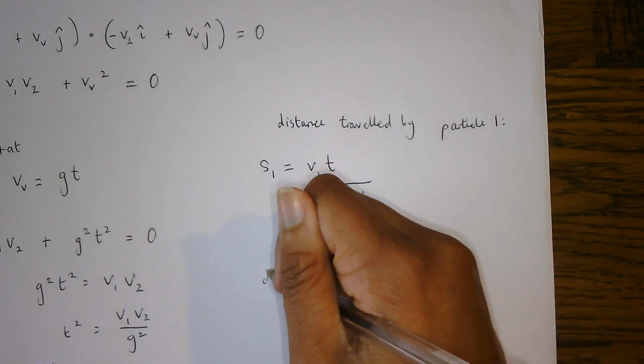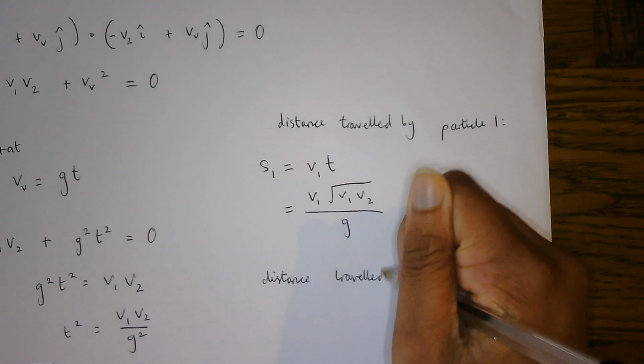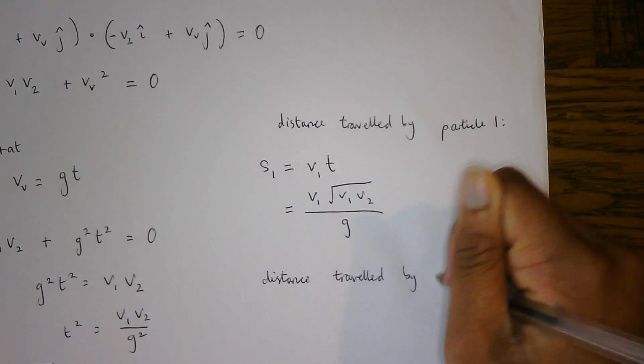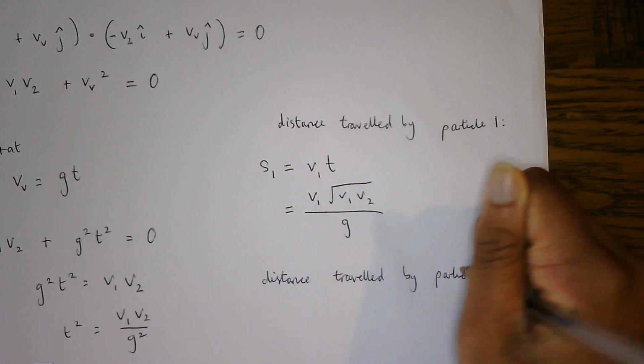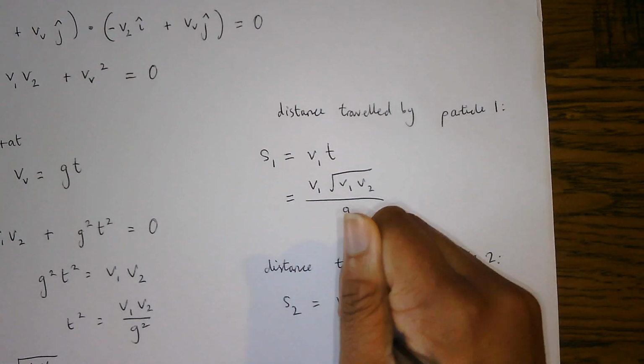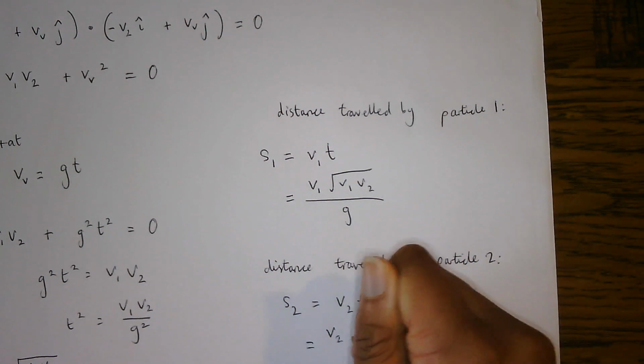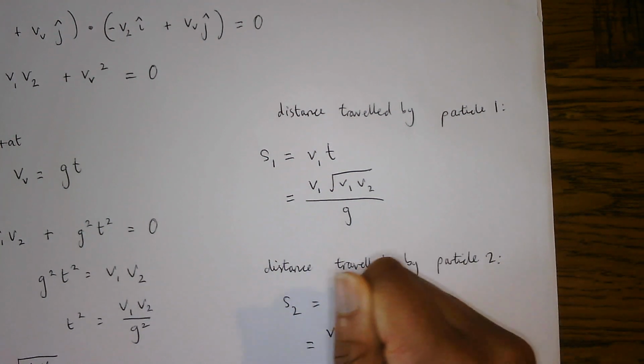Similarly, we can work out the distance travelled by particle 2. S2 equals v2 t, so that's v2 times the square root of v1 v2 over g.